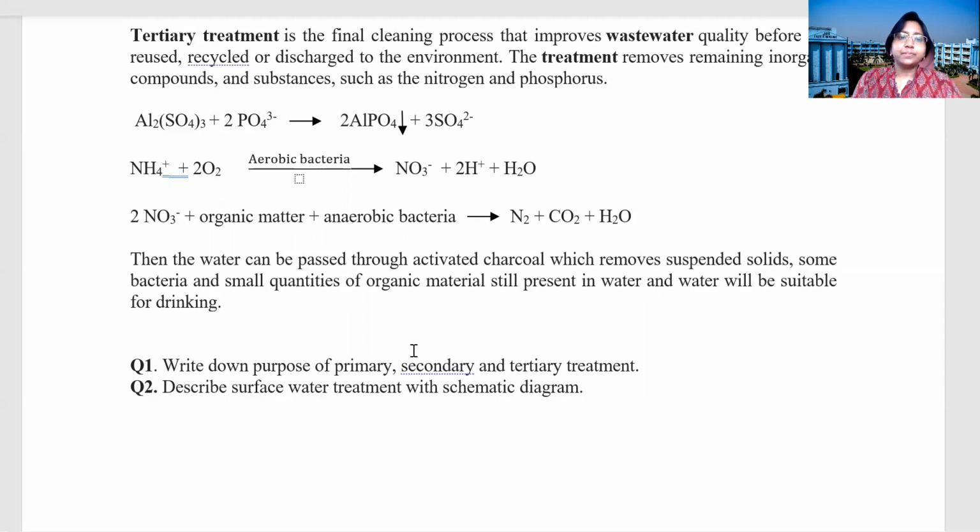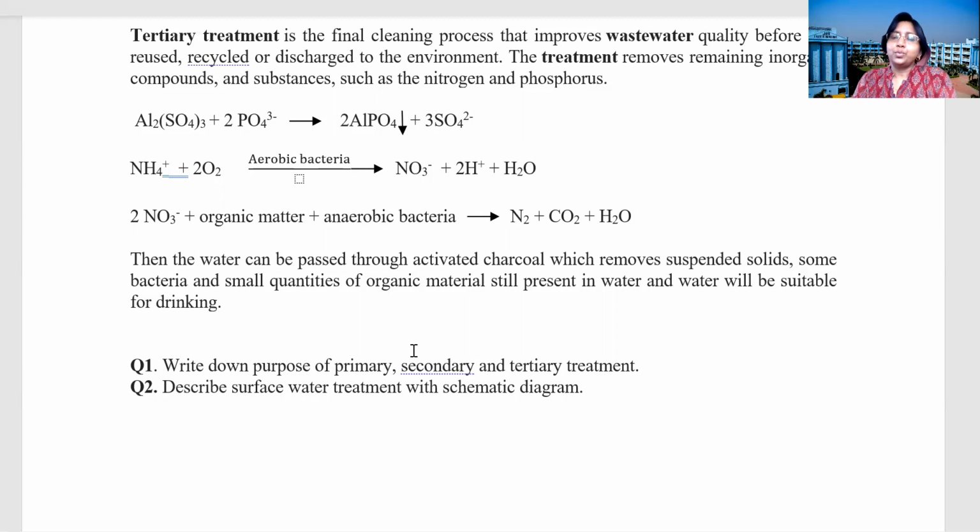The next question is, describe surface water treatment with a schematic diagram. You have learned the schematic diagram very well; I have shown you. First you have to write the screening process, then the coagulation, flocculation, then sedimentation. After that, you use filtration, that is the sand filter, then the disinfection.